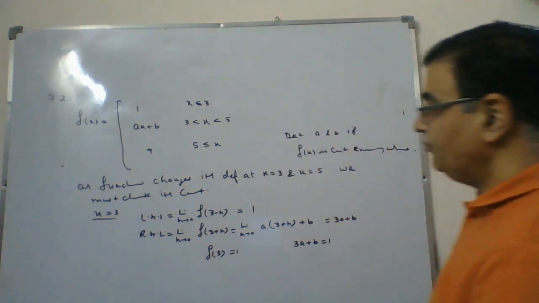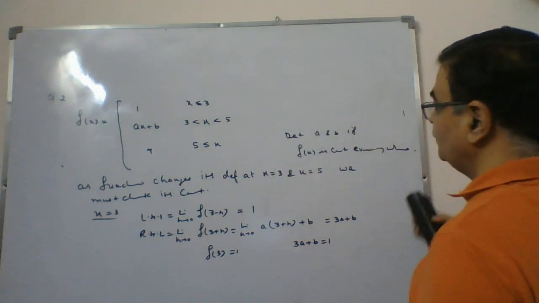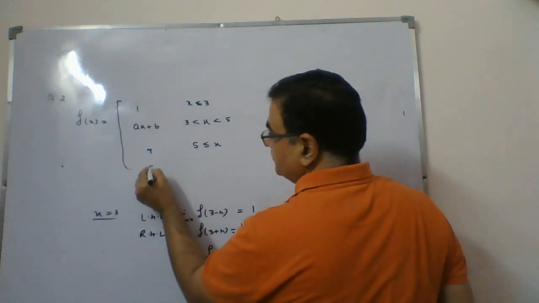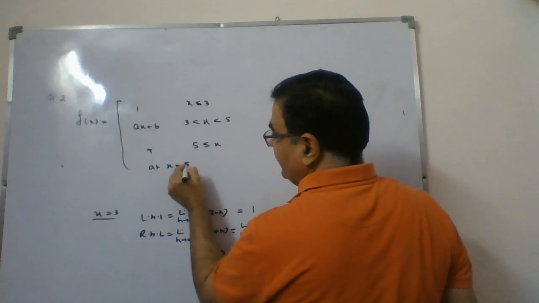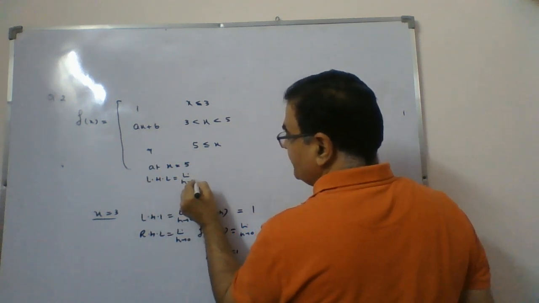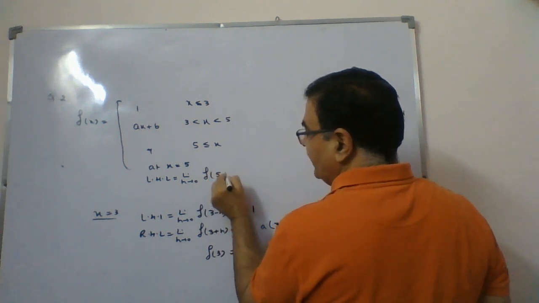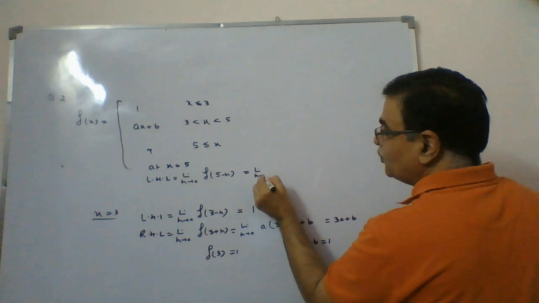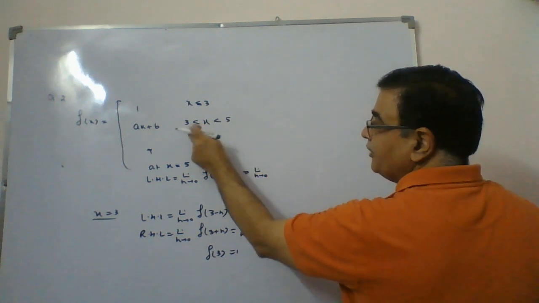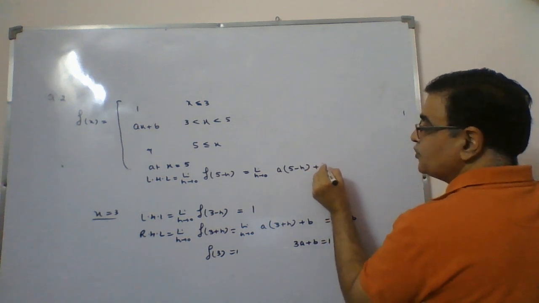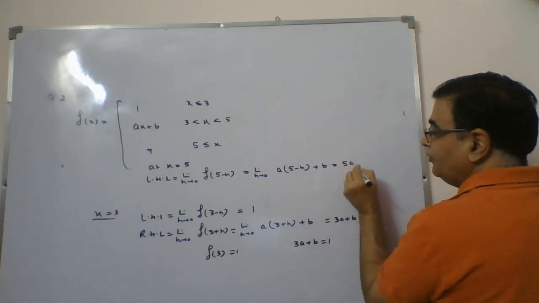So from this, what I get here is that 3a plus b comes out to be 1. Then we go to x equal to 5. At x equal to 5, we go for the left hand limit first. Limit h approaches 0, f of 5 minus h. So a(5 minus h) plus b will be 5a plus b.